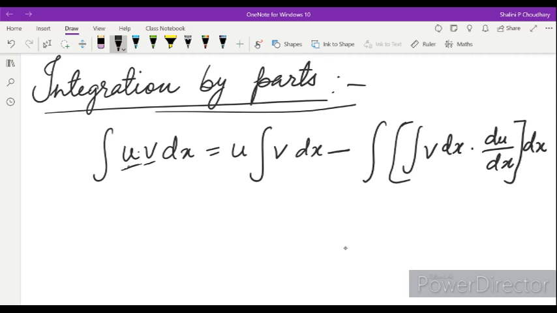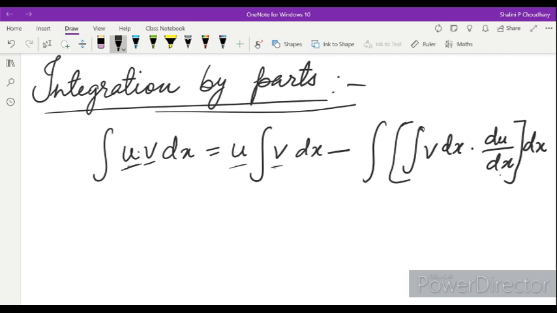So for the first function we are keeping it constant, and for the second function we are finding the integral with respect to x. Here we find the derivative of the first function and the integral of the second function, multiply whatever we get, and then find the integral of the product with respect to x.